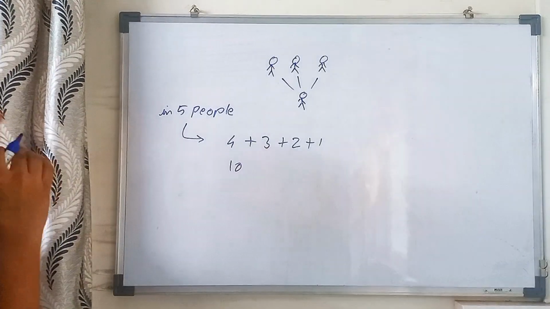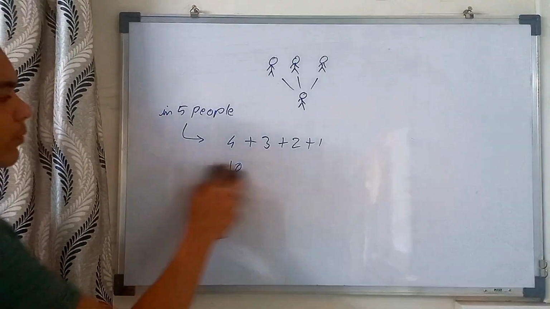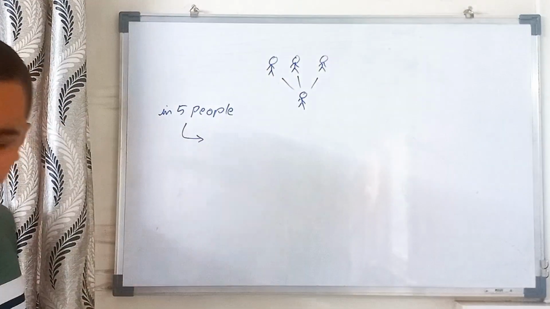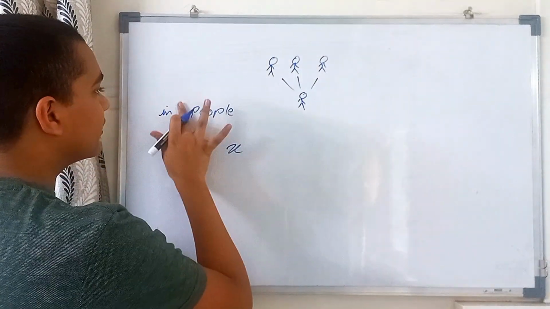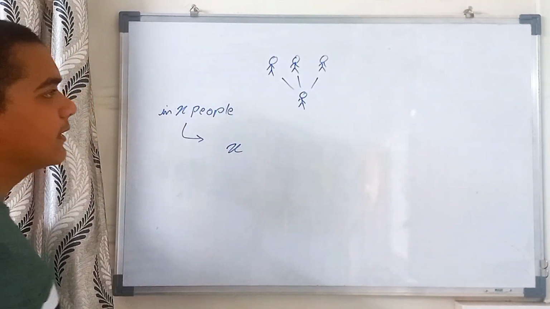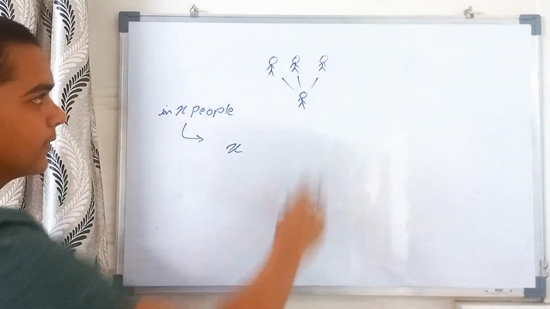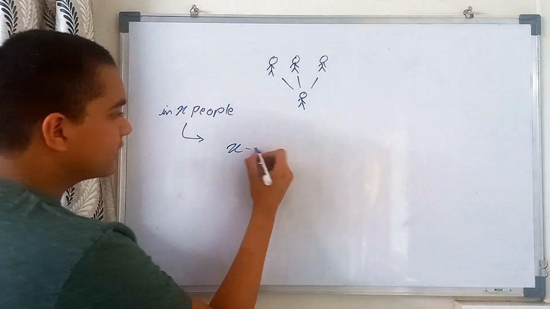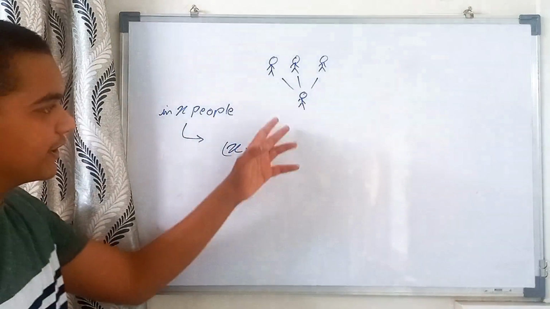And if you want to express it in variable terms, what we can do is assume an x number of people, and let's suppose these are the x people. So x minus 1 is the first matchup, we can call it, for handshaking.